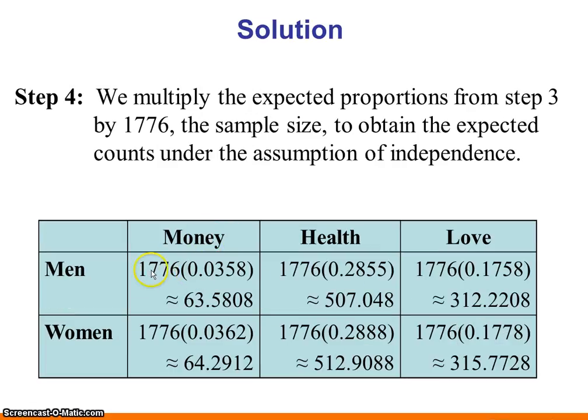What you would want to do then is take the total number times the expected proportions and calculate that, and then we will compare that to the observed proportions. So the value in each cell, the 63.580, this value, this value, and these values would be the expected outcomes.